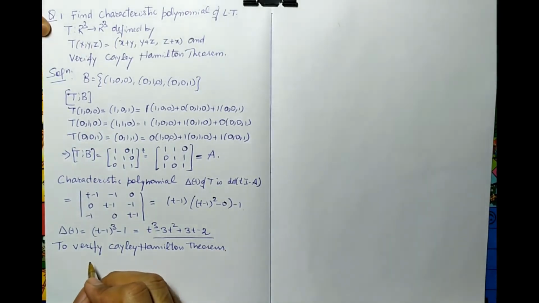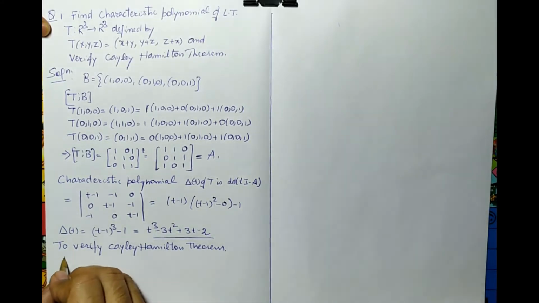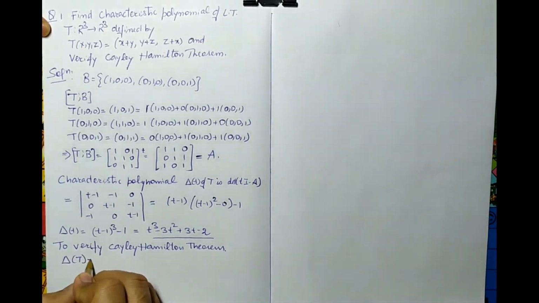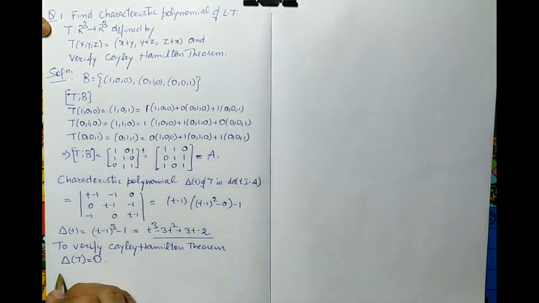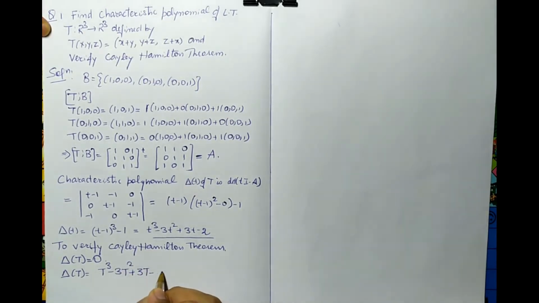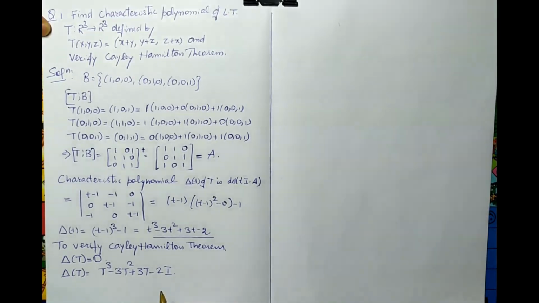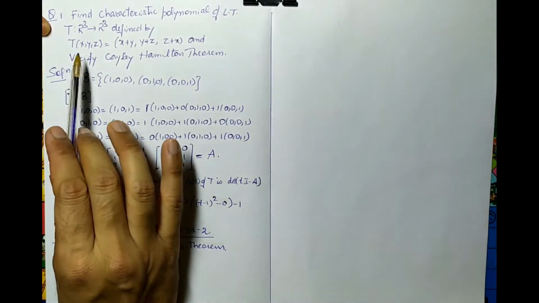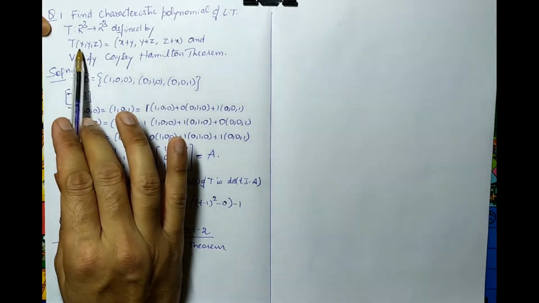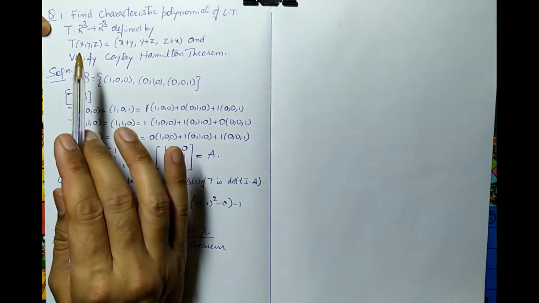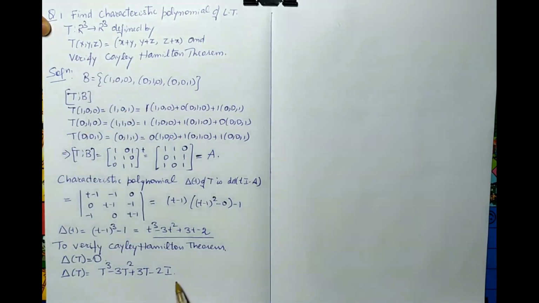So we will see whether T satisfies this. As we proved in the theorem, we need to prove delta T is 0. So here delta T will come out to be T cube minus 3T square plus 3T minus 2I. We are given T. From this T we will find T square and T cube, and then put those values in this equation.